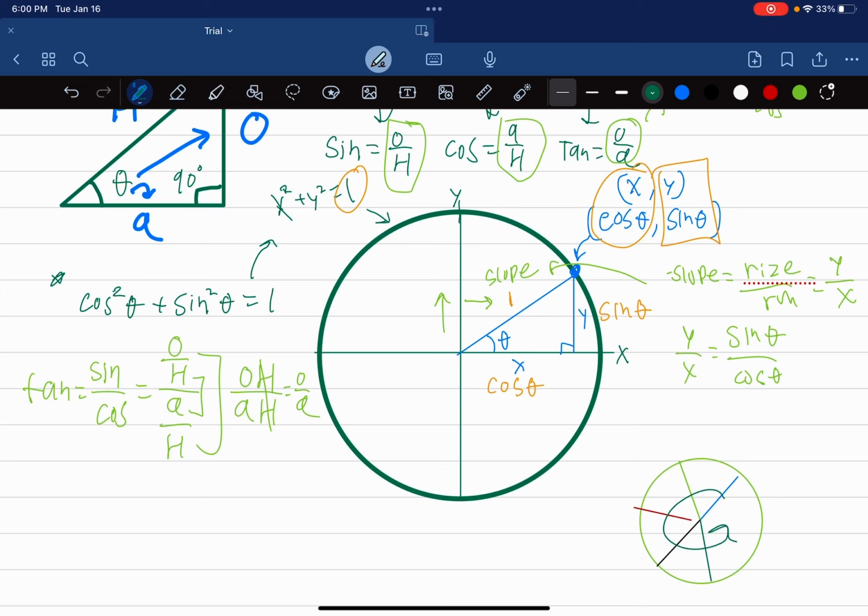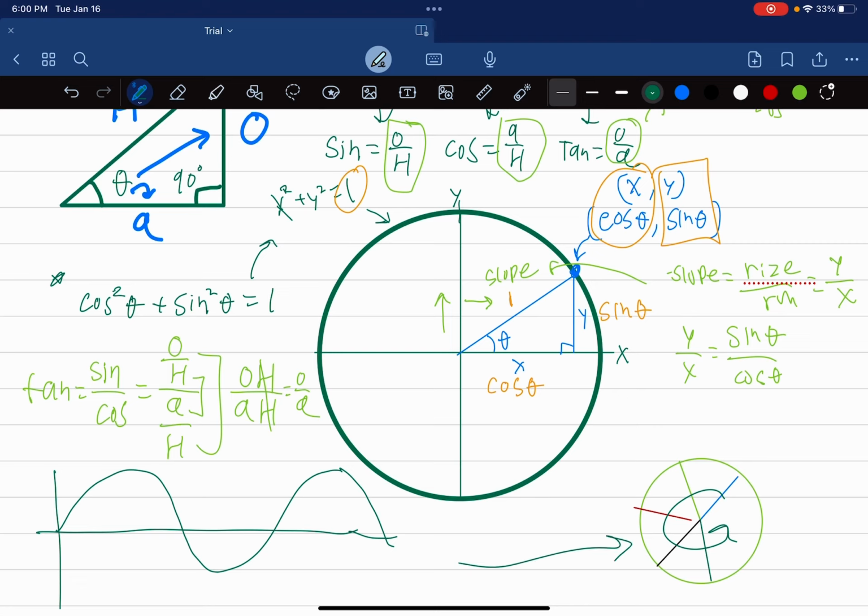So when you have your wave, all this really is this line over here from the unit circle oscillating, or going around the circle.